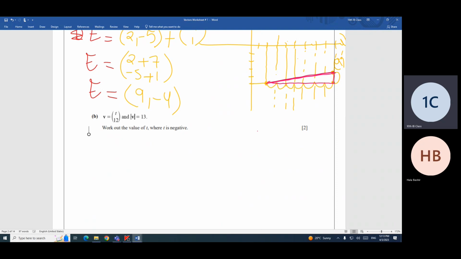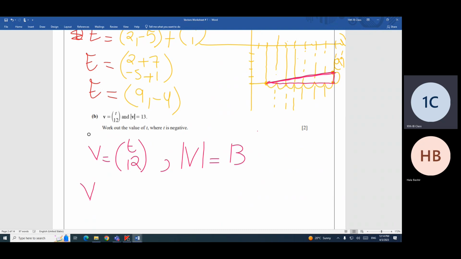So what did it give me here? V as a column vector is (t, 12). And what does it mean when it says this? The magnitude, the length of this vector, is 13. So it's asking me to find t. For the vector we use the hypotenuse theorem, right?